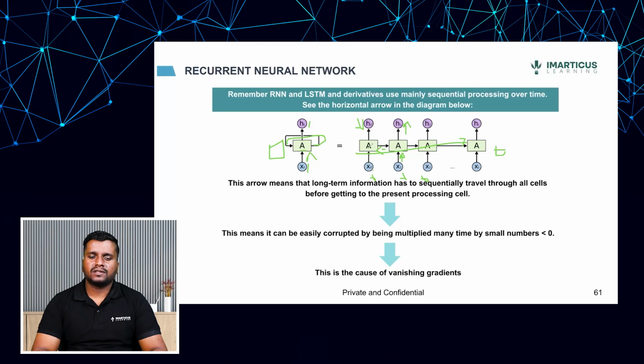The output of this first layer vanishes over time and gets corrupted slowly, and the effect of the first output is minimized by the last output. This is what is called vanishing gradient, where the output of the first basically gets corrupted by the output of the last.